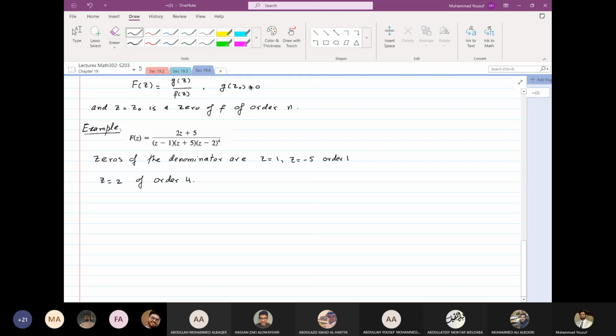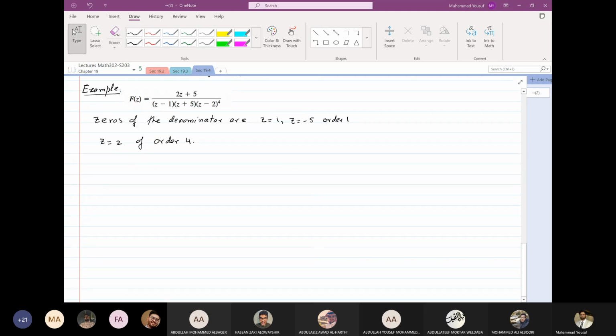So what we will say, z equal to 1 and z equal to -5 are dash dash of capital F of z. Tell me.